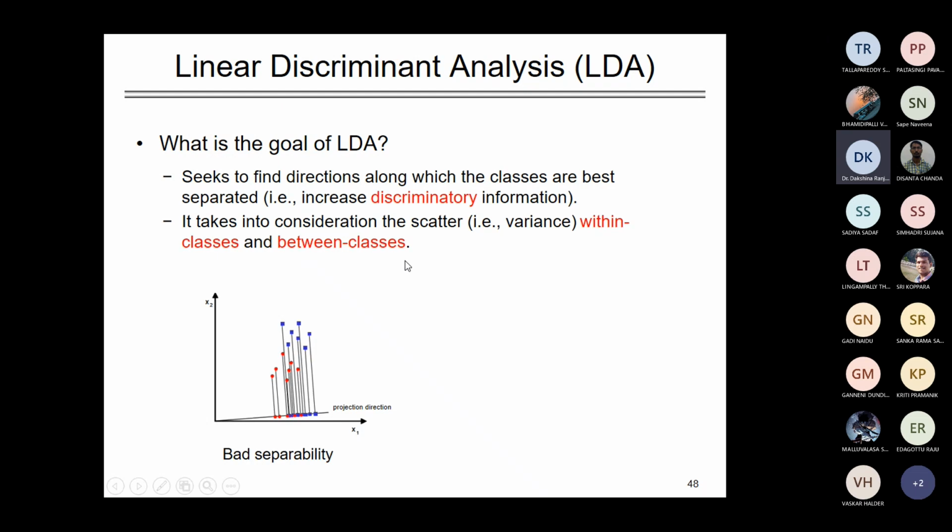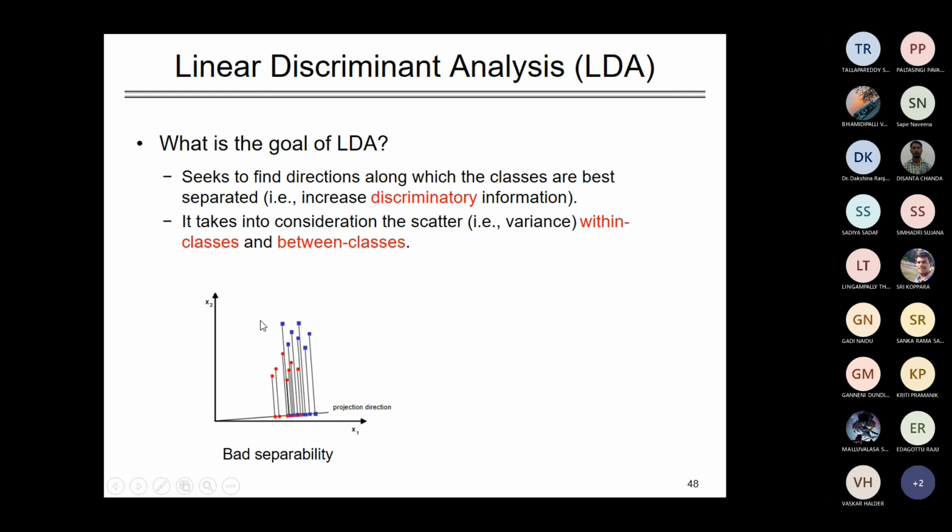That means within class variance and between class variance. Let us consider two-dimensional data, X1 represented along the x-axis and X2 along the y-axis, and the data points are plotted in this XY coordinate.